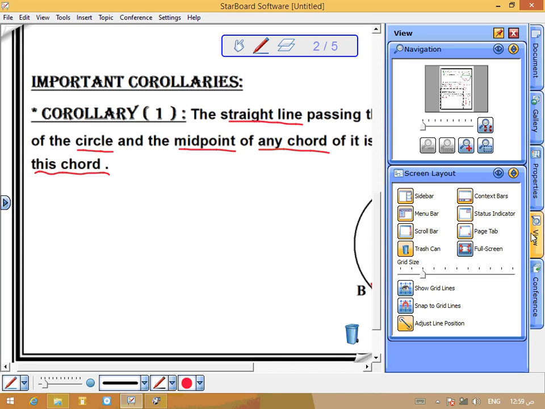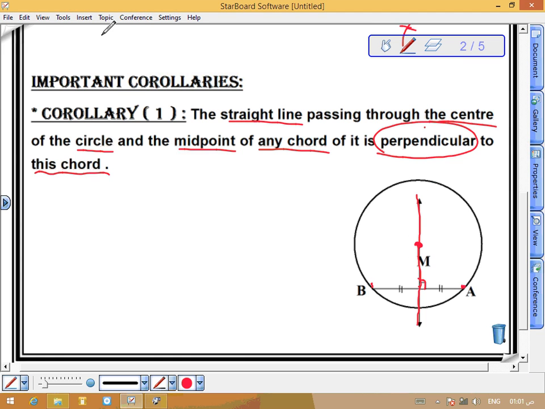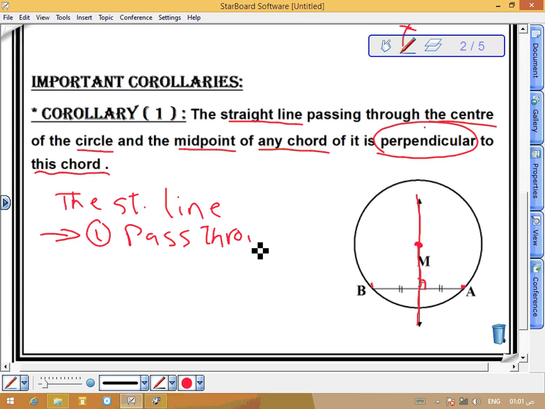Before going to the second and third corollary, we must notice that this straight line makes three things. The first, it passes through the center of the circle.